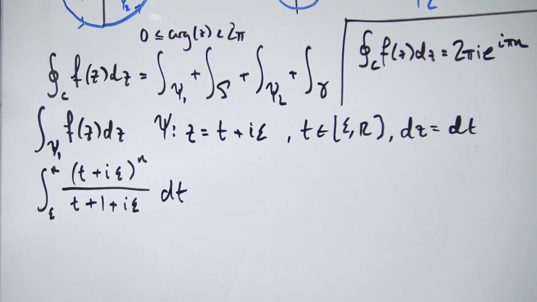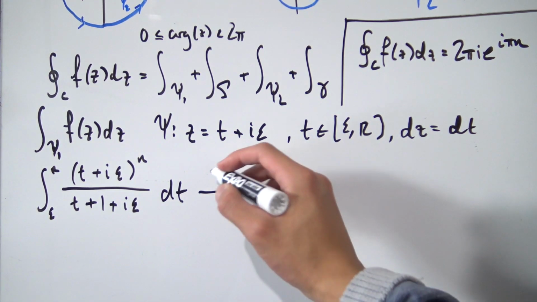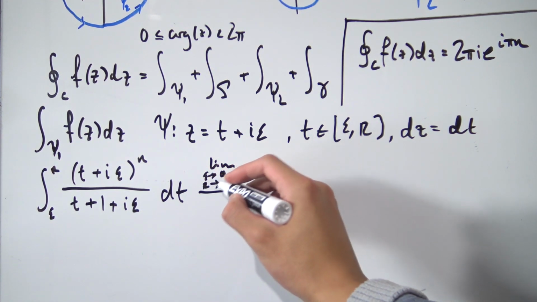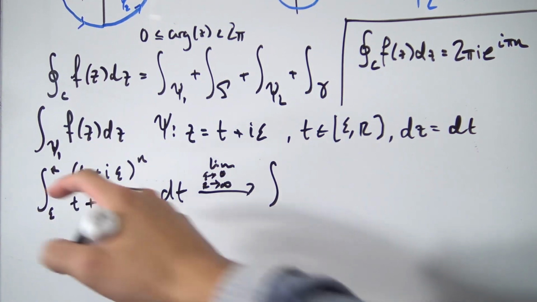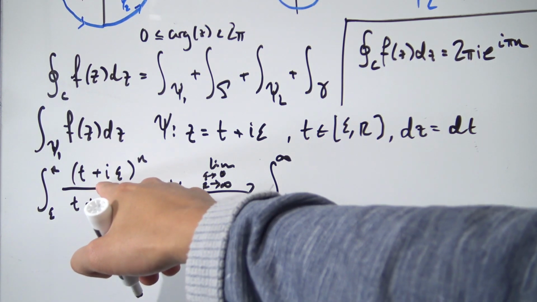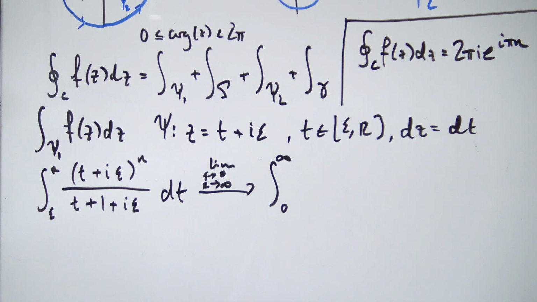And now we can just ask the question, what would happen as our epsilon goes to 0 and our R approaches infinity? Well, first of all, the bounds are going to change, so they're going to go to 0 and infinity. And then what's going to happen in the integrand right here?